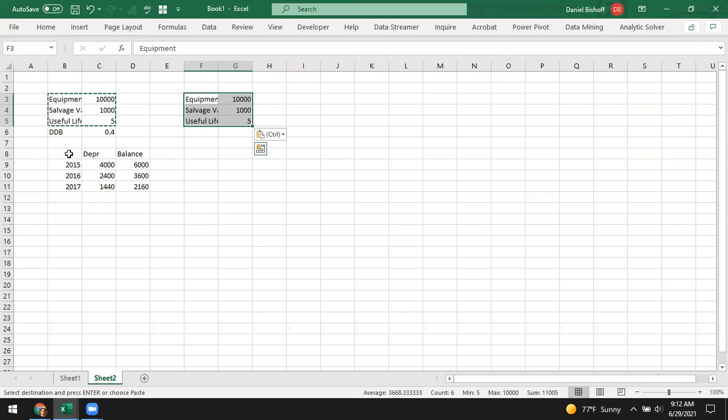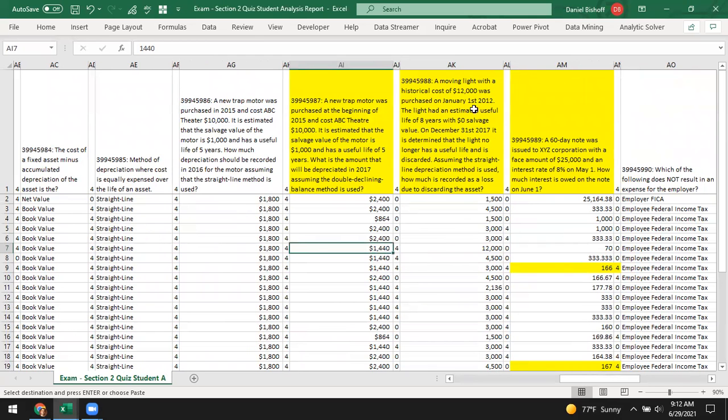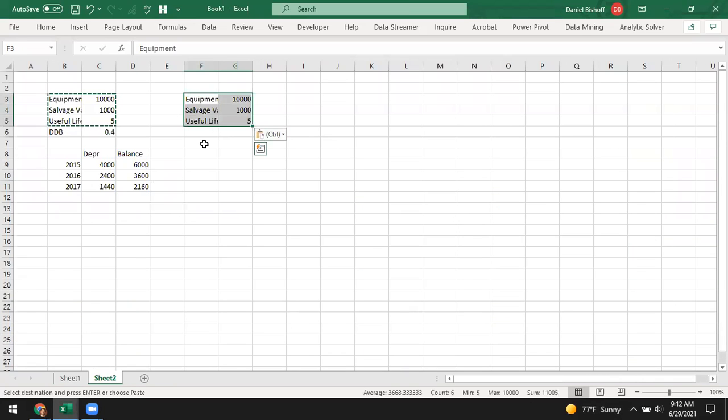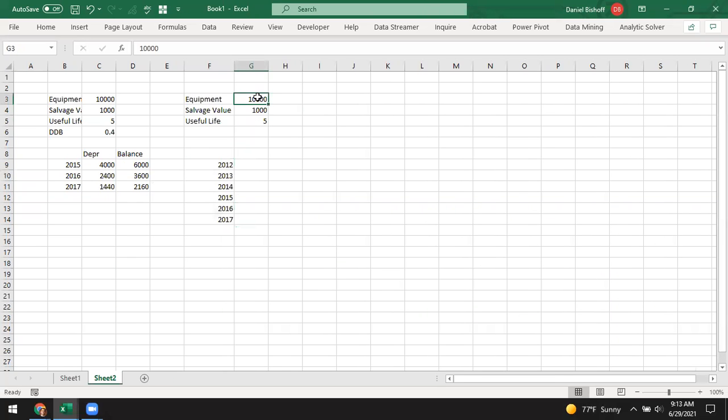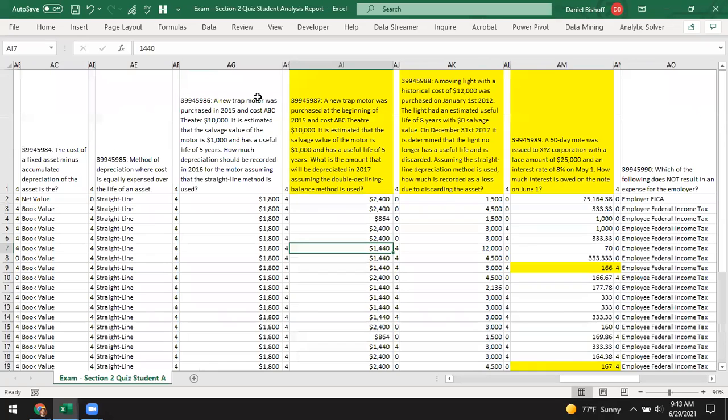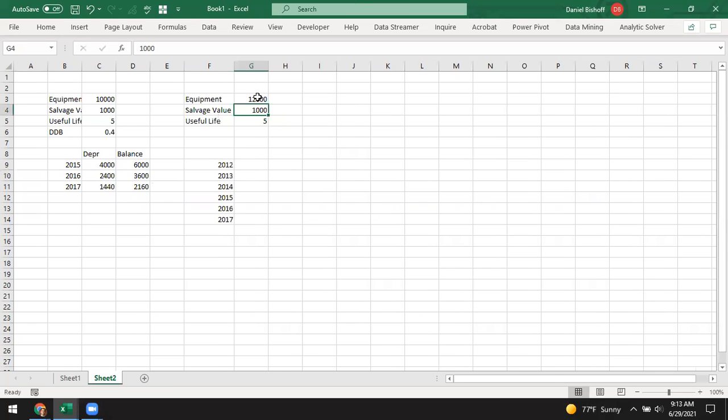I'm going to use the starting spot of that to get going. We start in 2012 and go through 2017. $12,000 and zero salvage value over 8 years.